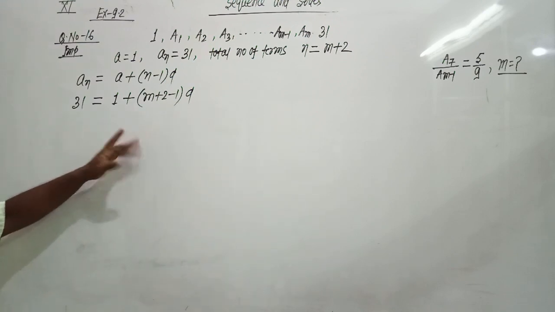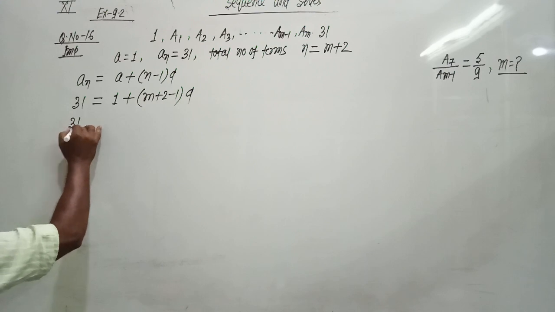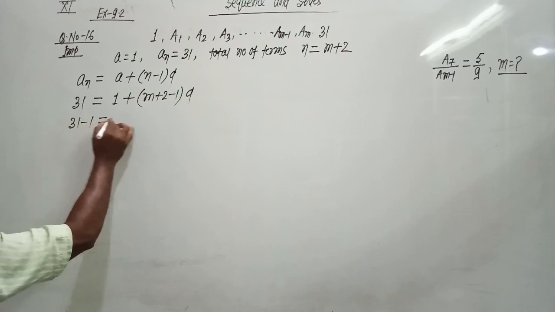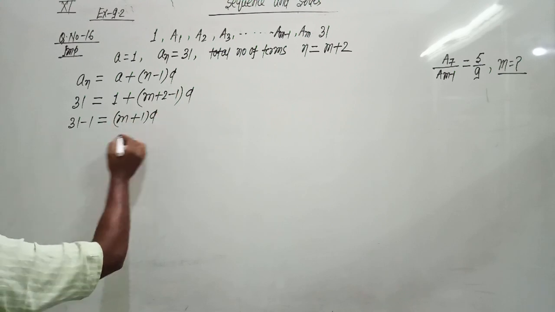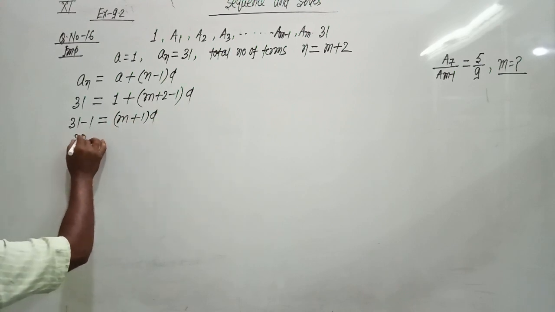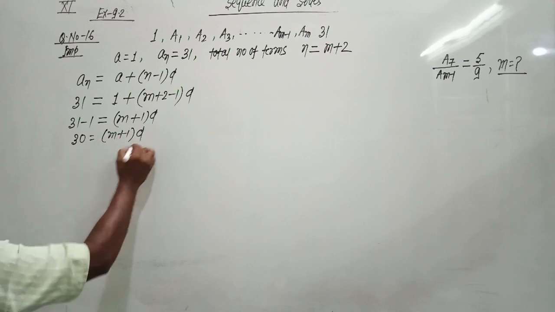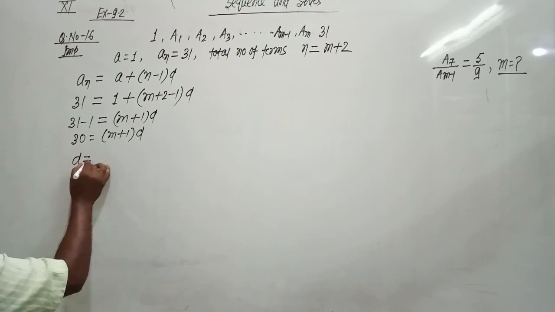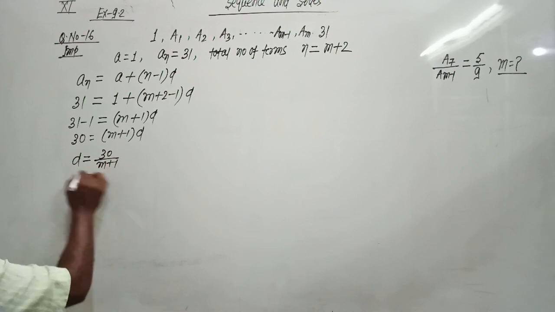From here we calculate the value of d. 1 will go to the left side: 31 minus 1 equals (m plus 1)d, and 30 equals (m plus 1)d. So d equals 30 upon m plus 1.